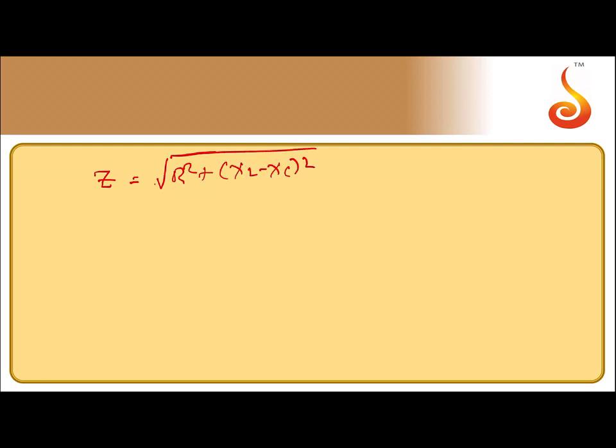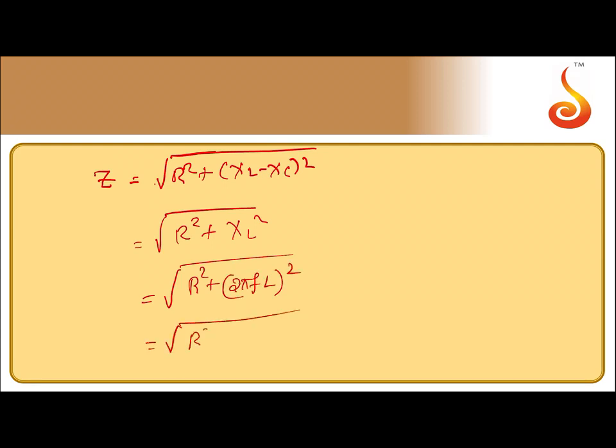In this case, XC is 0, so it simply becomes root of R square plus XL square. XL is nothing but 2 pi nu L, so it is root of R square plus (2 pi nu L) whole square. So, the frequency is given by nu and therefore, the impedance is given by this expression.